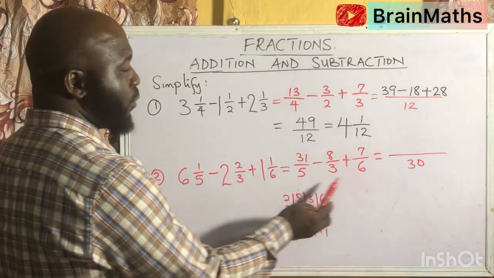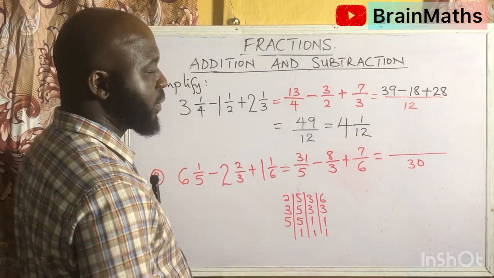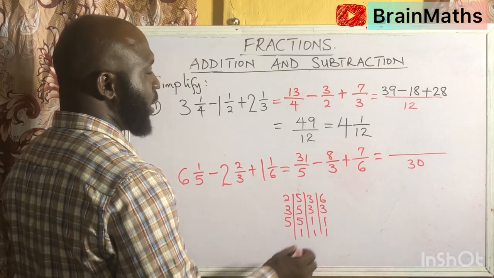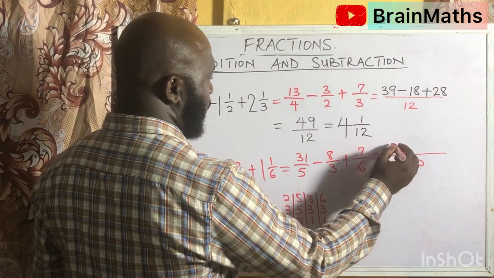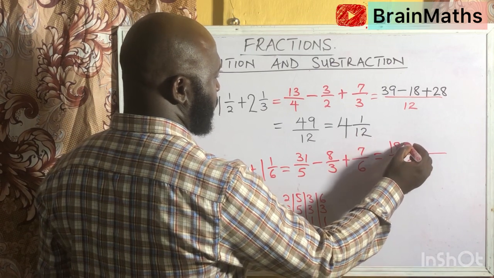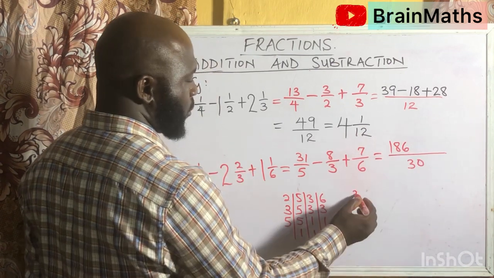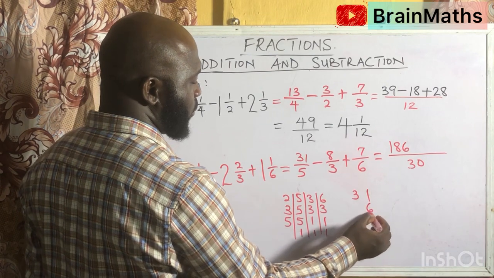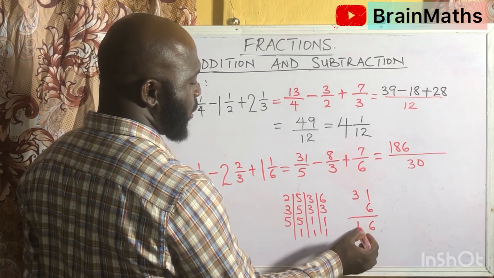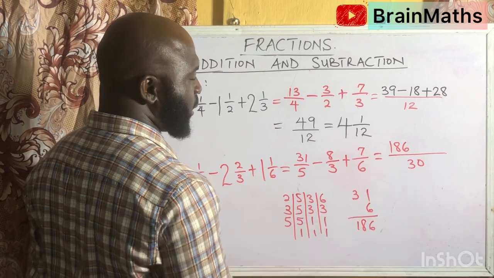How many 5 can we get in 30? That is 6. 6 times 31. That is going to give us 186. Check it out by yourself. 6 times 1, 6. 6 times 3, 18. So that is 186.